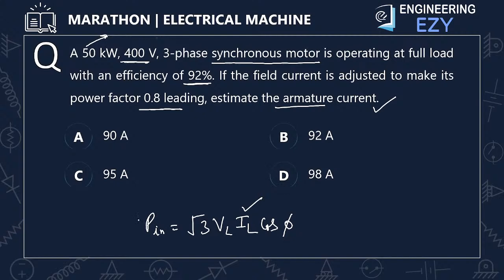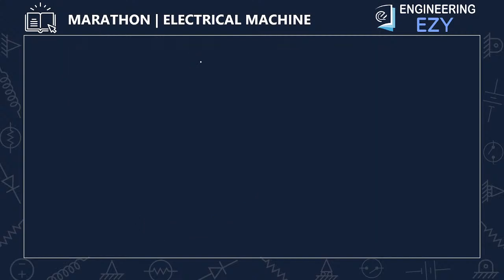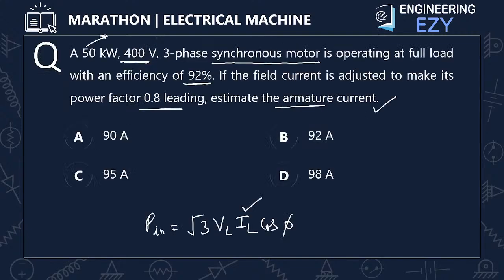Armature current is nothing but the line current. IL you have to calculate. And power input is the power output divided by efficiency. For this question, efficiency is 92%, that is 0.92, and output power is given as 50 kilowatt.